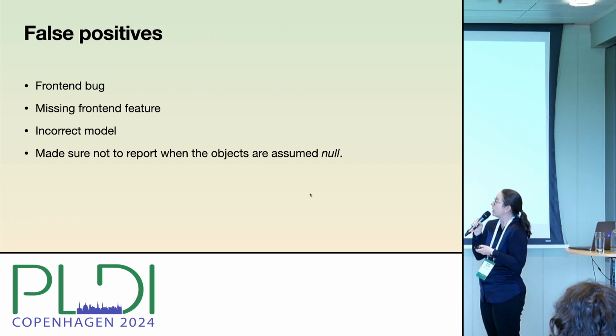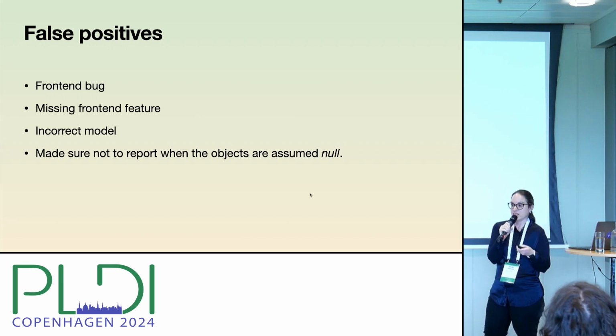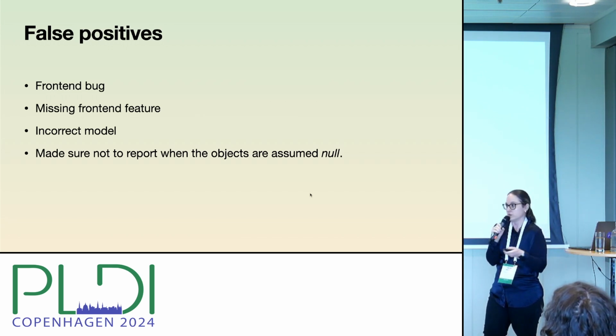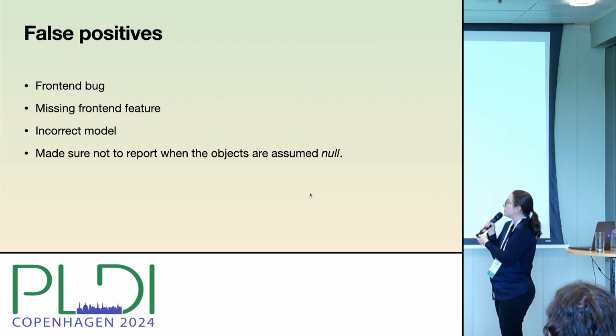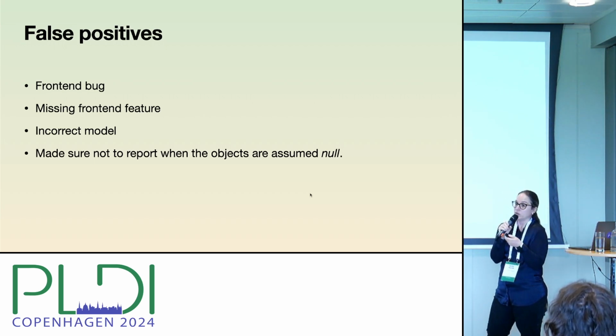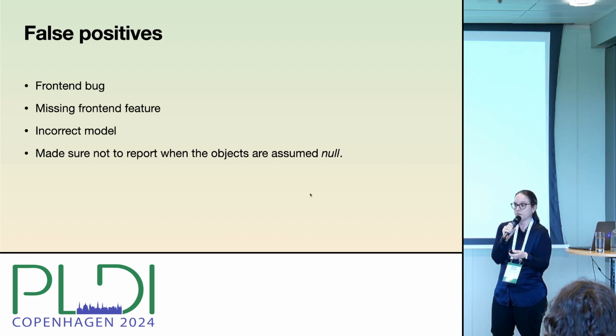And so I won't go into details of the false positives we found, but just to give an example of what kind of issues. So we found front-end bugs, or missing front-end features, or an incorrect model. We were also reporting issues when Pulse saw that the objects were nil. That also leads to false positives.